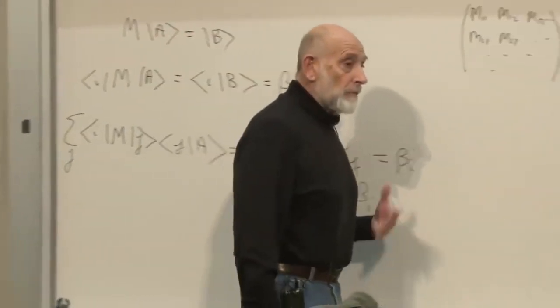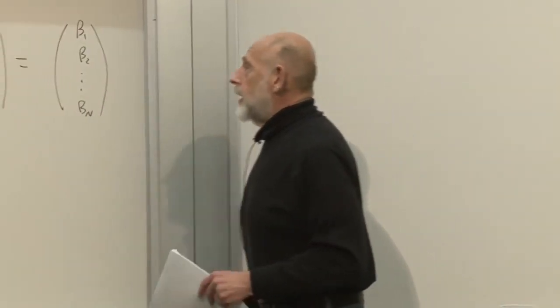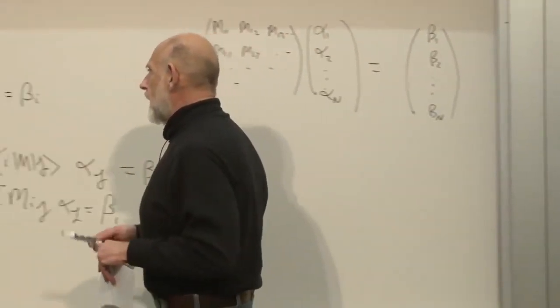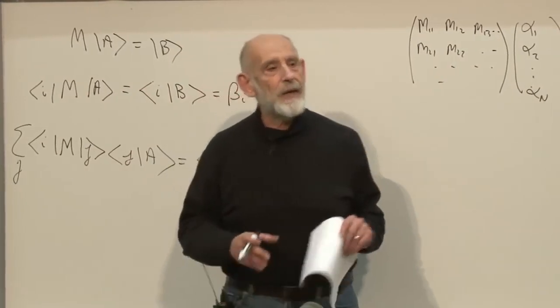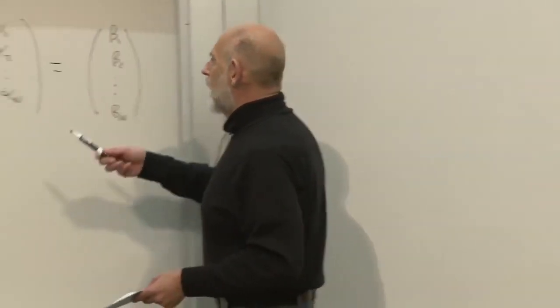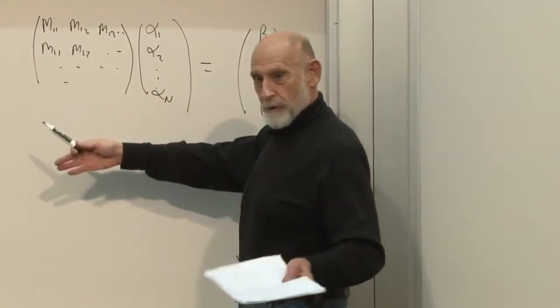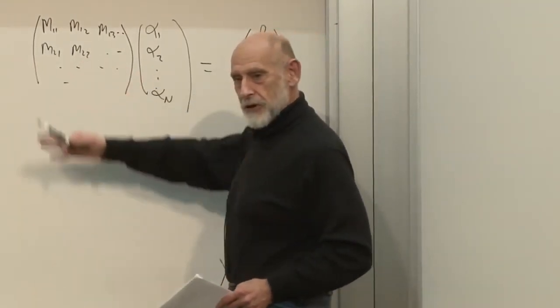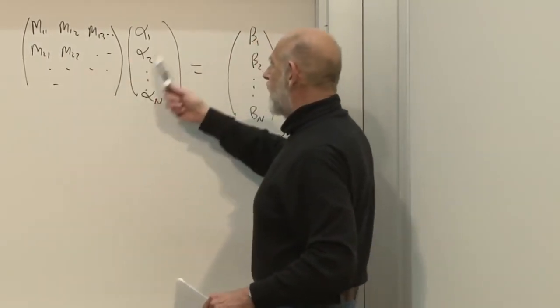And so you lose something and you gain something by going to a matrix type representation. What you lose is the geometric idea of a relationship between two vectors that's independent of the basis choice. What you gain is a computational, actual mechanical algorithm for producing the answer. Here is the machine. The machine is a matrix, and what it does is it grinds through M11 alpha 1 and so on.